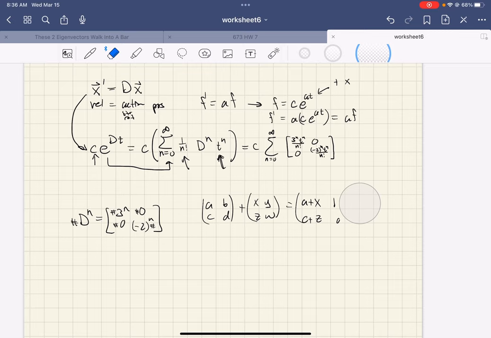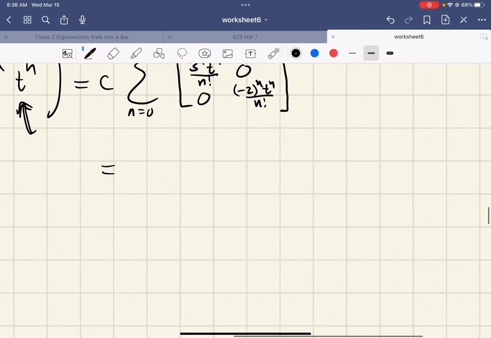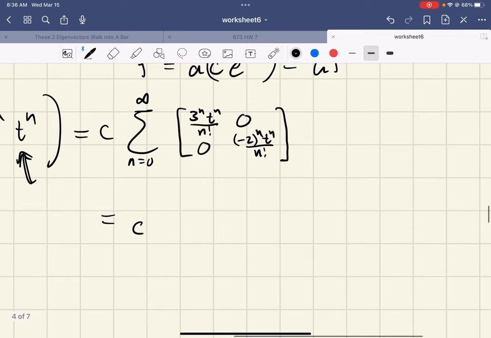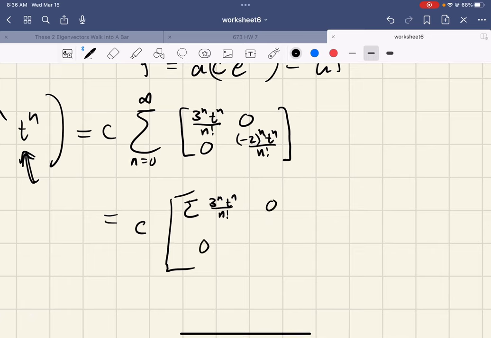So this becomes c. And basically, when we add these all up, that just takes place inside each component. So now I have the sum of 3 to the n, t to the n over n factorial, 0, 0, because we're adding up a bunch of zeros, and then the sum of minus 2 to the n, t to the n over n factorial. Okay?